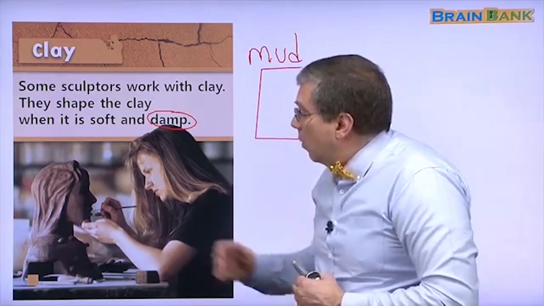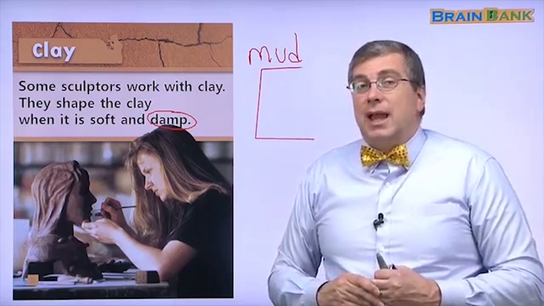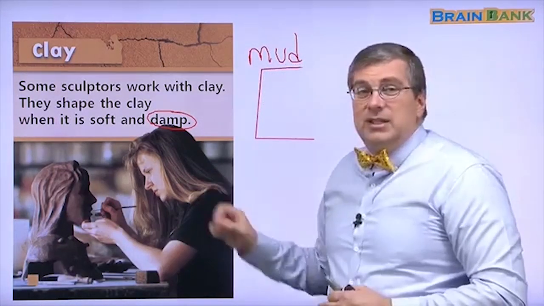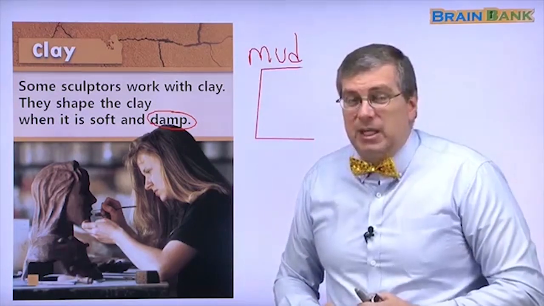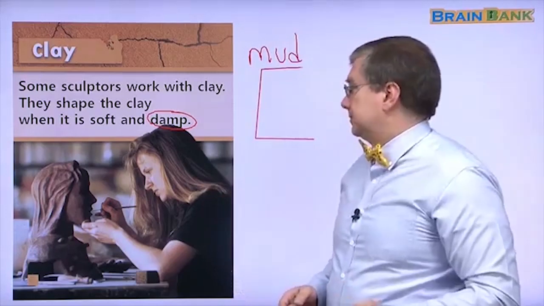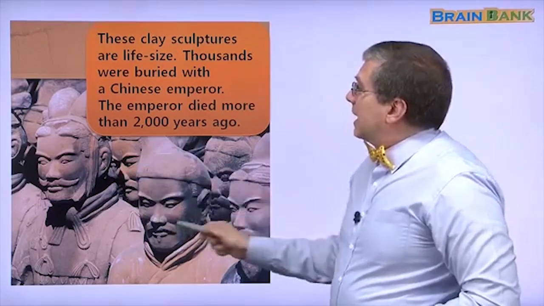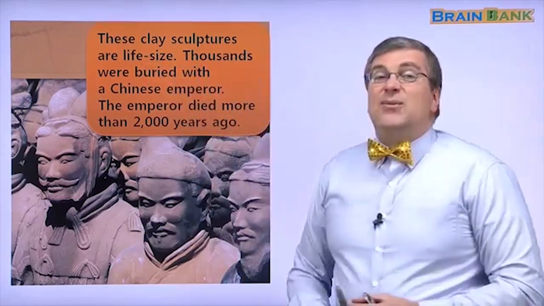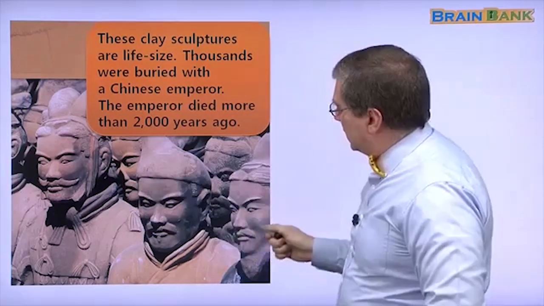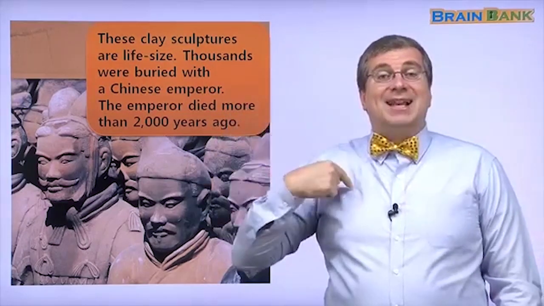Look at this woman. What is she making? She's making a sculpture of a woman's head. It's very beautiful. She is very good at making sculptures. She is a good sculptor. Now, these clay sculptures are life-size. Life-size, if you look at these sculptures, they are the same size as me.